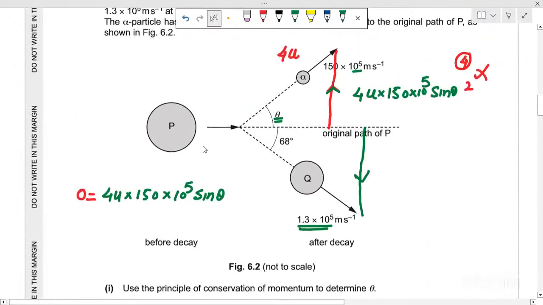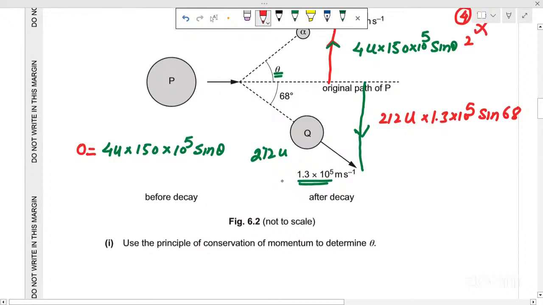So the mass of Q would be 212 u, times its velocity, 1.3 times 10 power 5, times sine of 68. So I will equate these two vertical components of momentum, as the total vertical momentum before is 0.